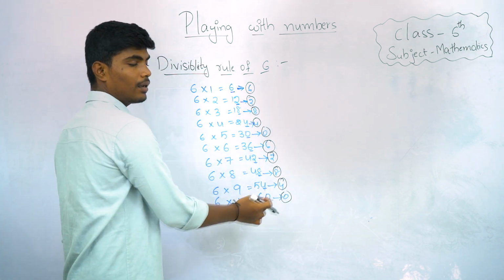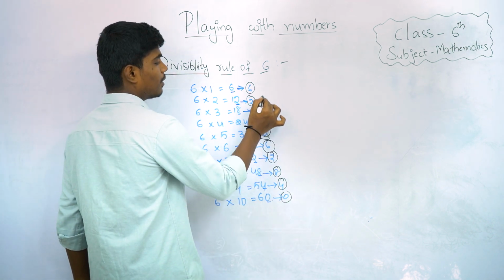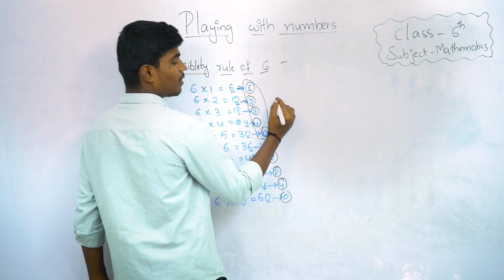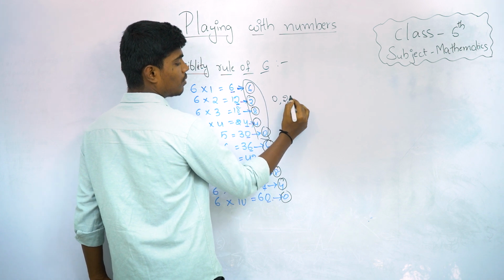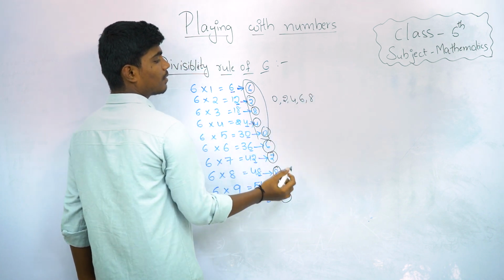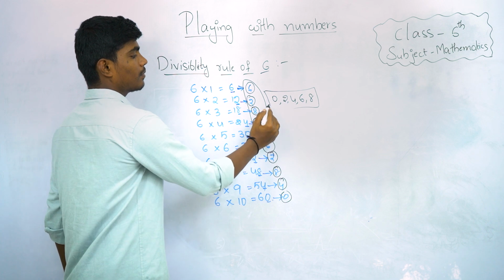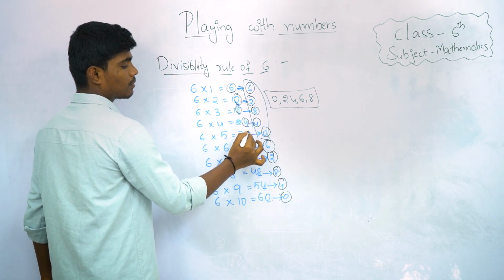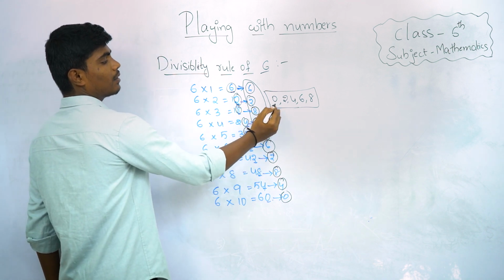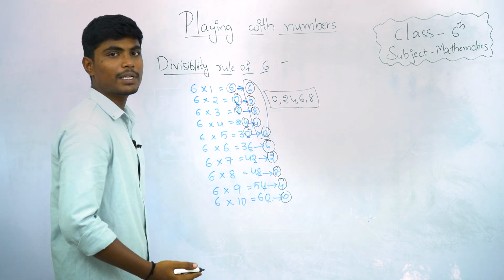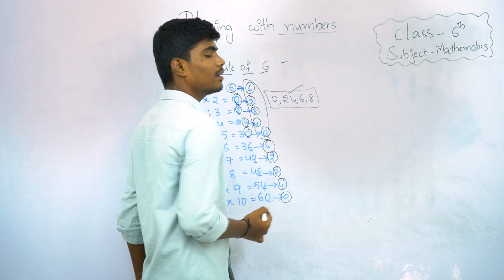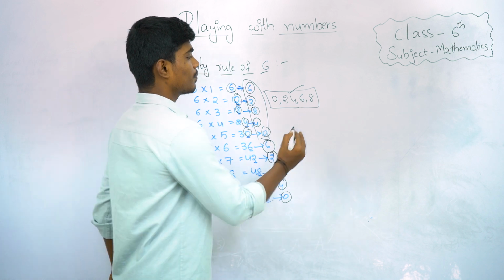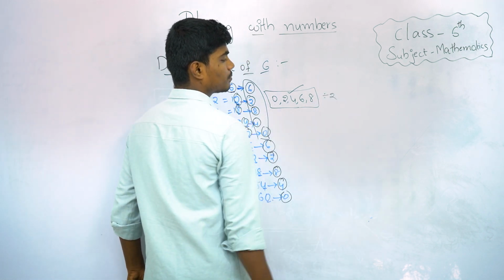These numbers are repeating, and if you write them in ascending order, they are 0, 2, 4, 6, 8. These are the numbers present in the ones place of each number. So, what are 0, 2, 4, 6, 8? If these numbers are present in the ones place, the number is divisible by 2.